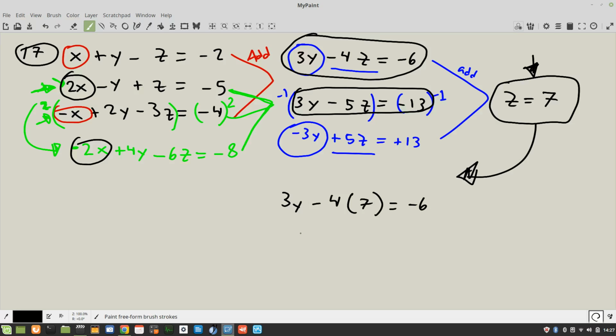So we go 4 times 7, and then -6 plus 28, 3y equal to -6 plus 28, which is 22.